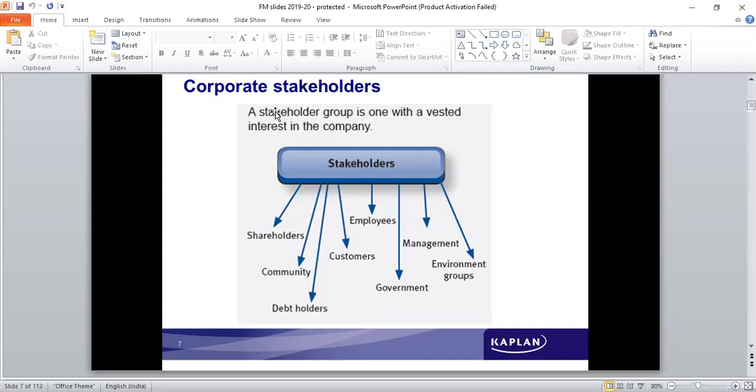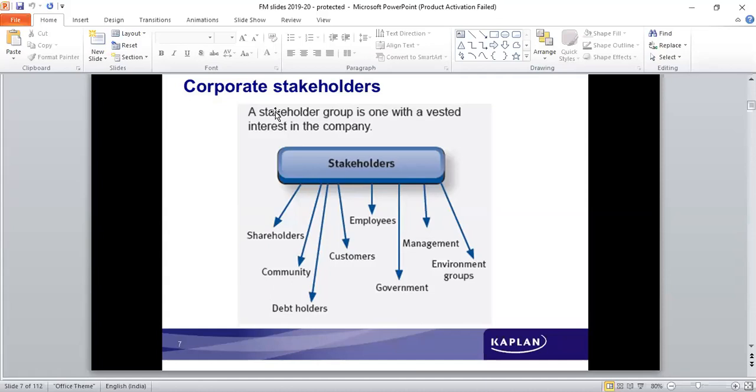Environment groups are interested to understand what is the impact of the business activities on the environment. What are the resources which are used by the company? What is the carbon footprint? What is the impact of pollution which is generated by this company?